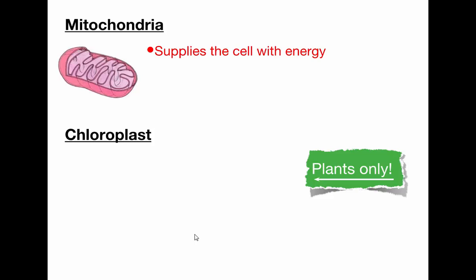The mitochondria takes in sugar, breaks it down, and then releases its energy so the cell can use it. That's a really important process. Sometimes it's called the powerhouse of the cell because it supplies energy, or the mighty mitochondria.